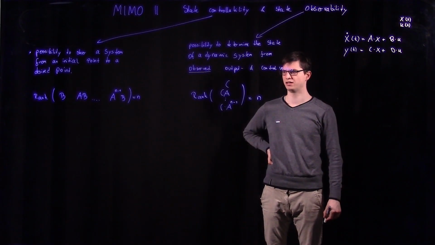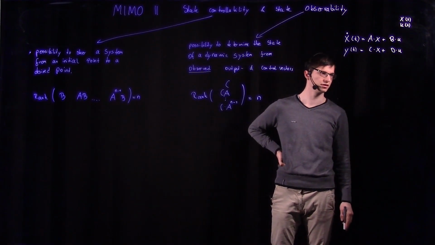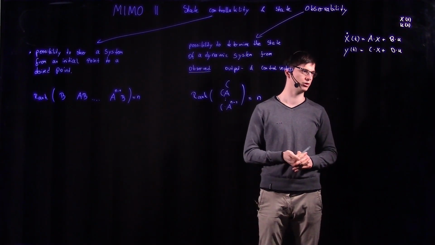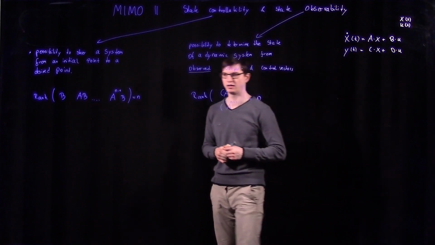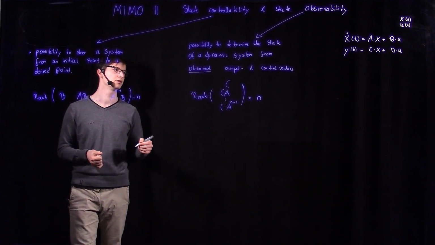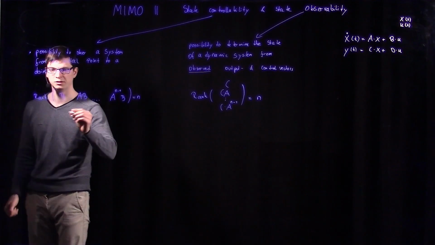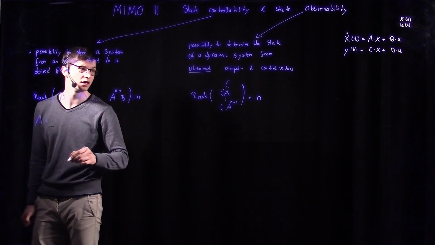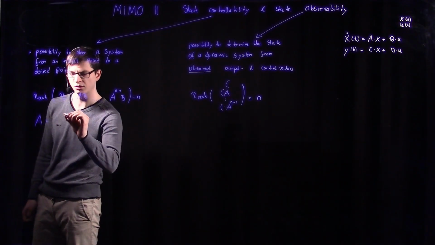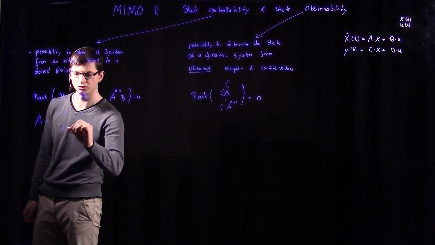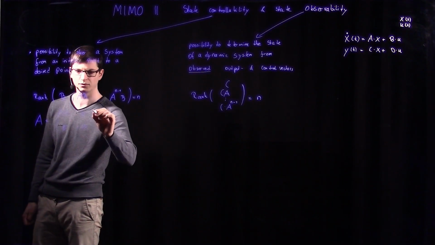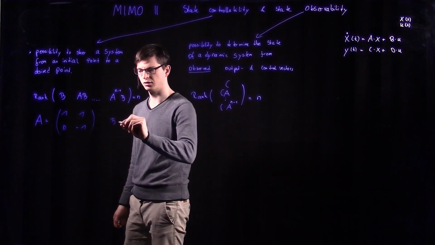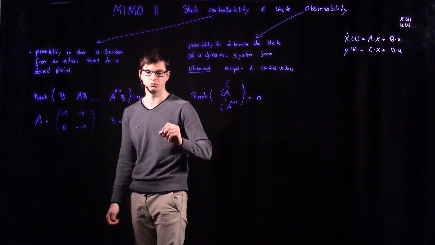Now we want to analyze some examples to give you a representation of how it looks in a practical way. We will imagine a coefficient matrix A, let it be 1, 1, 0, minus 1, and B shall be 1 and 0.